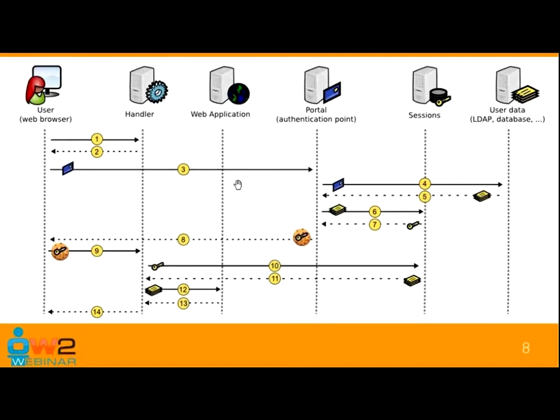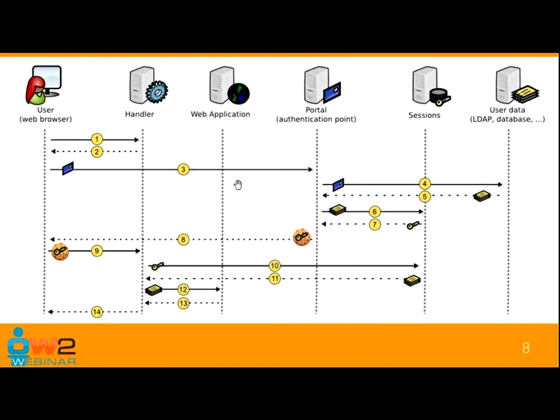And you see that in steps 4 and 5 we authenticate on our user database, which can be an LDAP directory or any other database. We collect some data that we store in a session backend, and we give the session key in step 8 inside a cookie, which is registered inside the user browser.